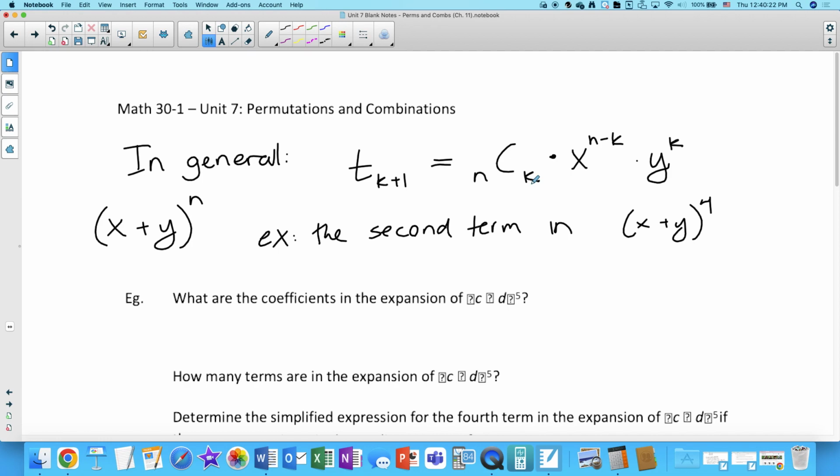Okay? Now if we want to know the second term, t2, then k actually has to equal 1. Because the term number over here is k plus 1. So if this is 2, this would have to be a 1. Right? If we're looking at t2, then k is actually equal to 1.